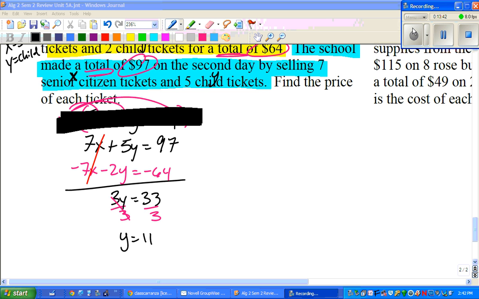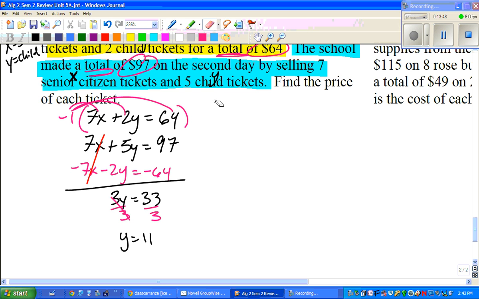Okay, just to double check, you should have gotten y equals 11. Okay, and now what you can do is pick either original equation to find out what x is. I'm going to go back to the first one just because that one has smaller numbers.